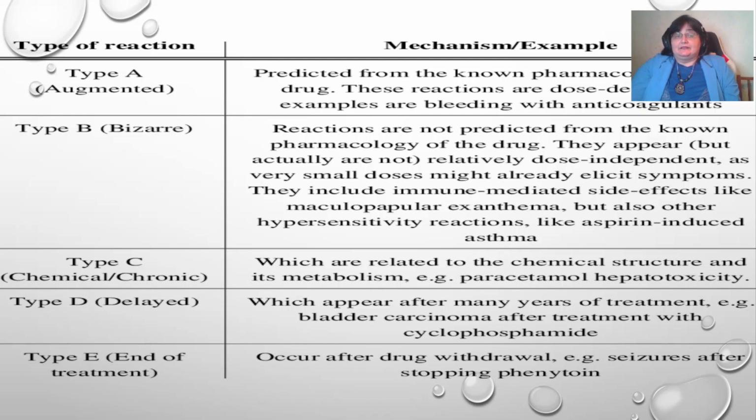Type C, chemical or chronic, which are related to the chemical structure and its metabolism, for example paracetamol hepatotoxicity. It is now a very frequent problem, especially in West European countries, because the COVID pandemic and influenza increase administration of this drug, and we must be very careful about Reye syndrome and paracetamol hepatotoxicity.